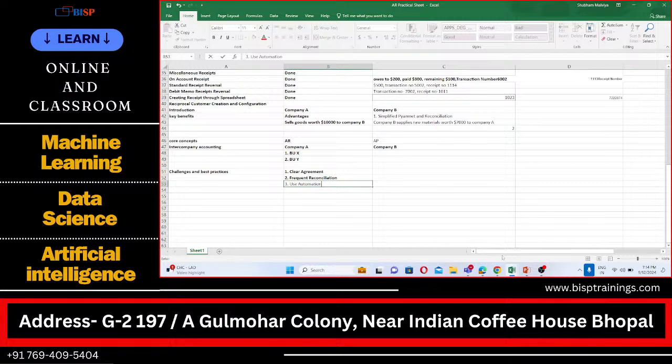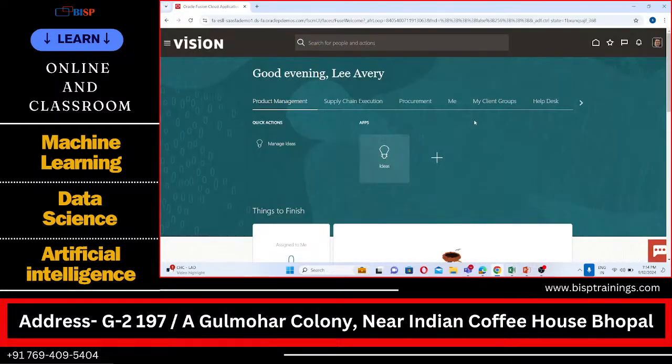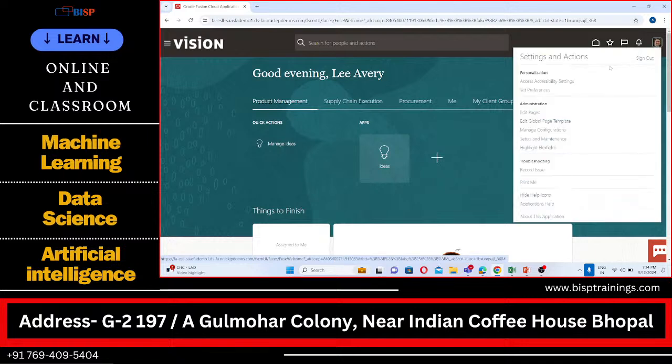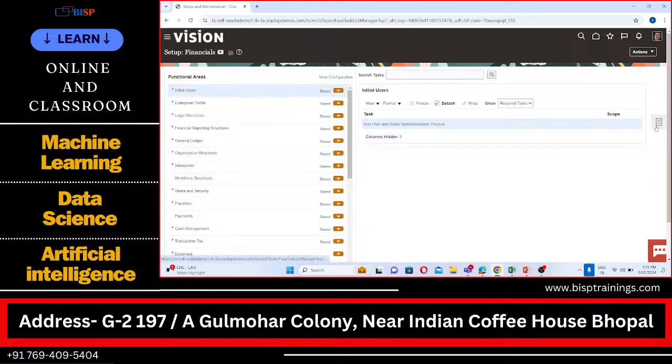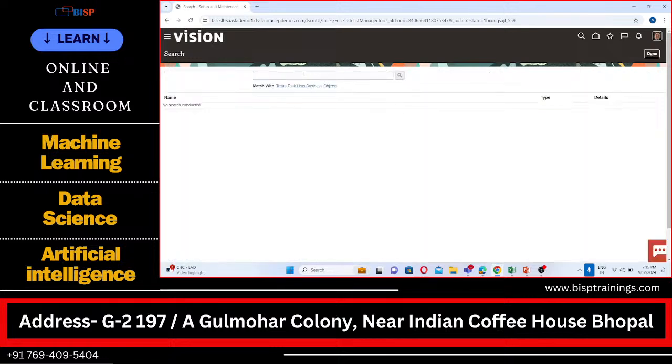When we talk about the instance, we have to go to project. There is some configuration that we first have to do in our project, and in project we have to search for manage users.